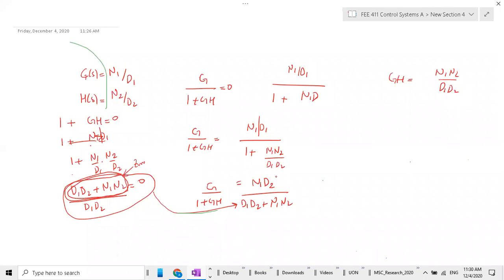So we don't need to go through this one to get this. We can actually get the roots, which are the same, from the open loop transfer function. That's why every time when you are plotting root locus, you are told the open loop transfer function is this, because from the open loop transfer function you can actually get the roots of a closed loop transfer function, which is just the same.